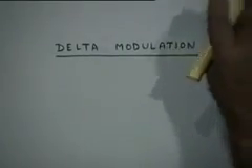Now, one of the techniques which is extremely simple to implement to do this is what is called delta modulation, right? So it is not a modulation in the usual sense of the word. That is, you have a sinusoidal carrier and you embed your information onto the sinusoidal carrier.